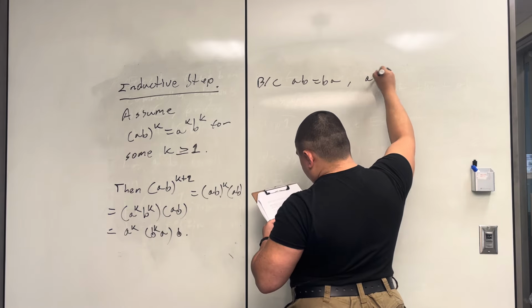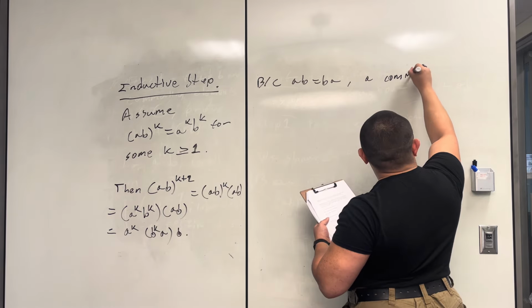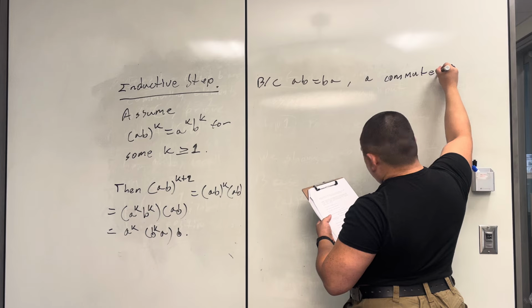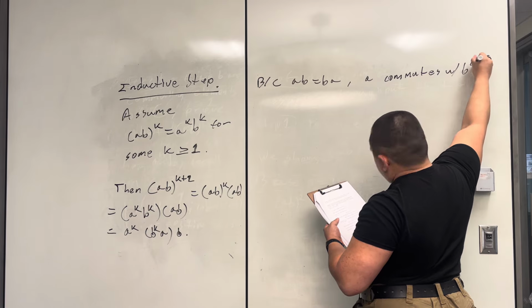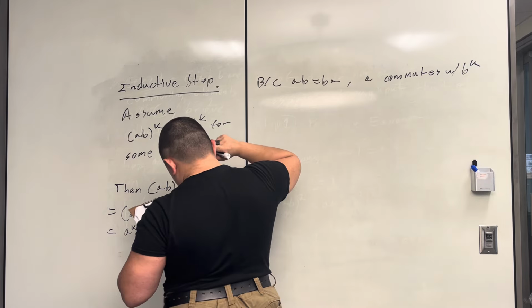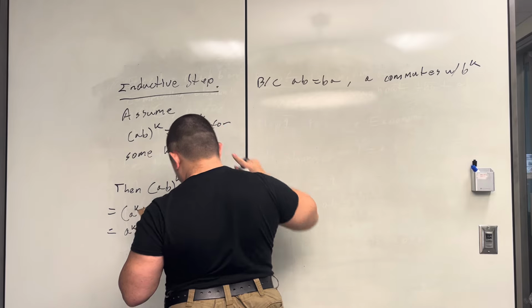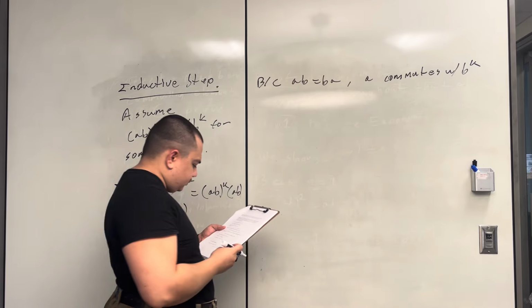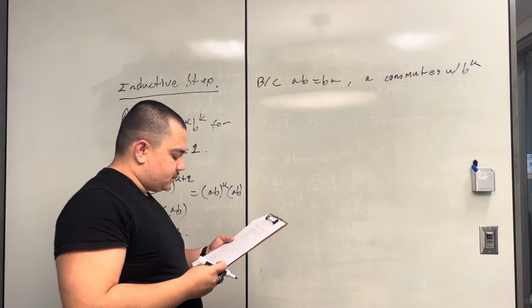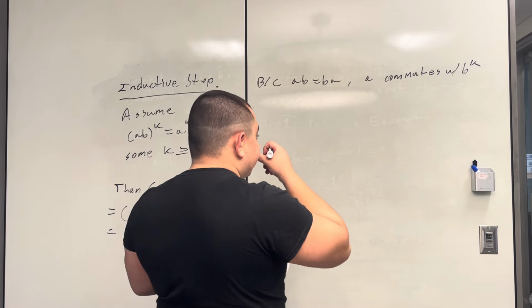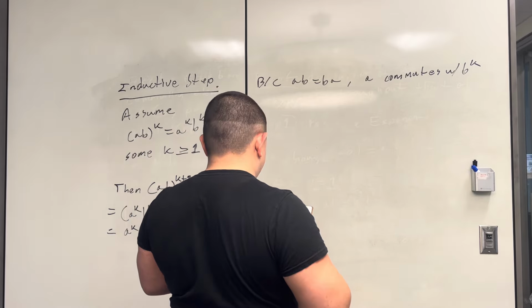So A commutes with B to the k, because that's just multiples of that.